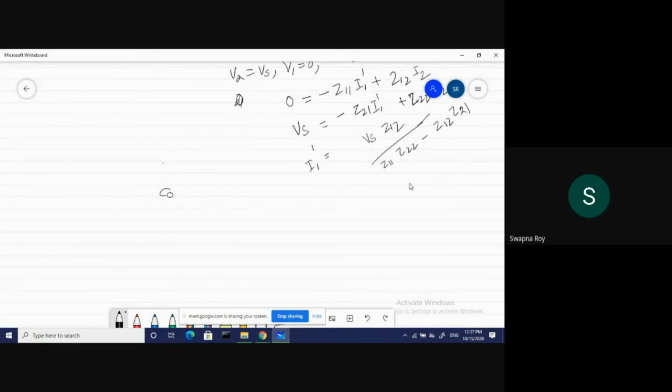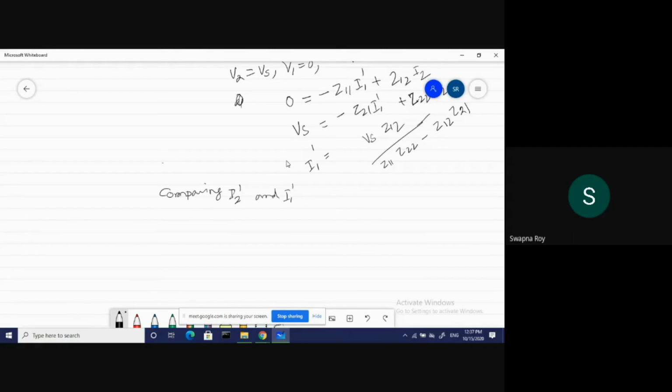Okay. Now we are comparing I2 dash and I1 dash. Initially the cause was voltage and I2 dash is the response.